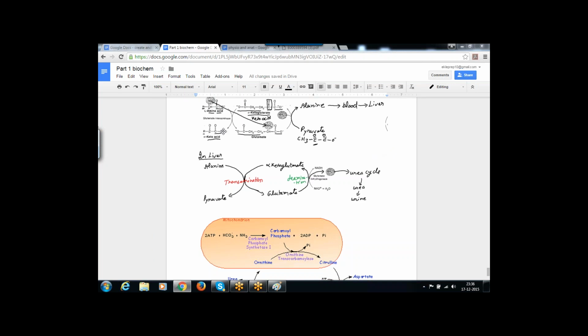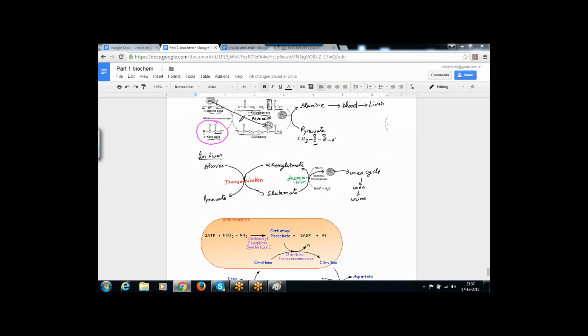So you see the previous picture that the alanine goes into blood and liver, and then in liver what happens? This alanine undergoes transamination and then deamination, and the urea cycle will happen. After removal of the amino group, we are still left behind with keto acid.